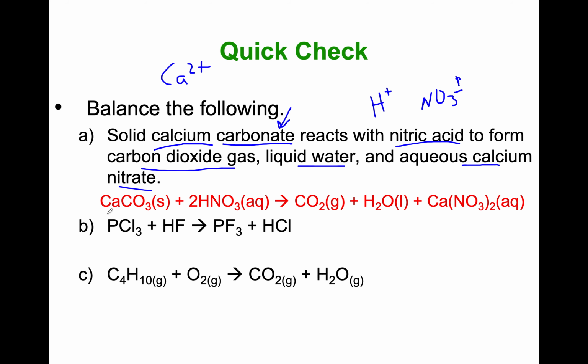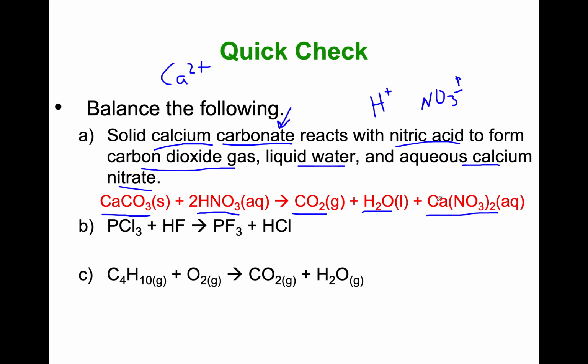So we've got calcium carbonate, +2, -2. Nitric acid, nitrate's a -1, hydrogen's a +1. Carbon dioxide, molecular or covalent compound, same with water. And then this is another ionic compound. So what we can see here then is calcium, calcium.